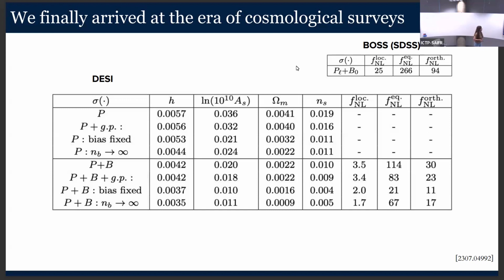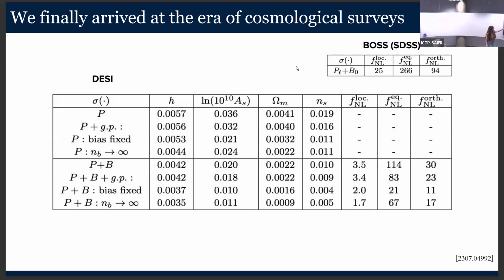And here is just to show, if you forget about the constraints on the standard cosmological parameters, the only constraint you can have for FNL local, which does not involve the bispectrum, is from the so-called scale-dependent bias. They're not even showing it here. But the idea is that you cannot constrain these two shapes without the bispectrum.